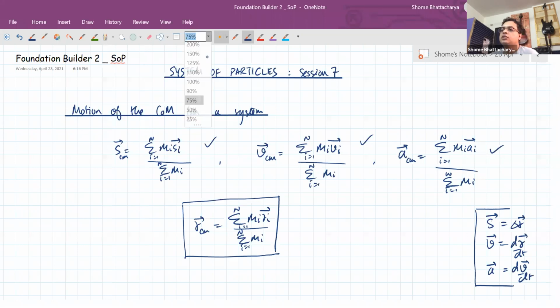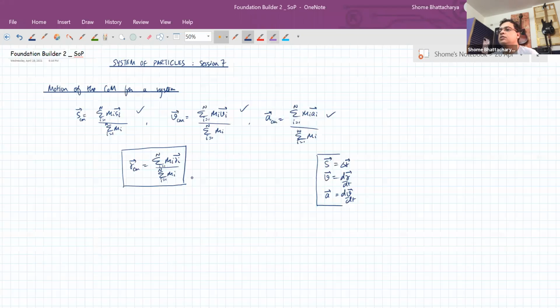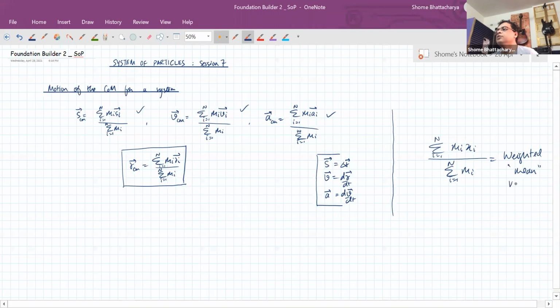Now, just before we go ahead, statistically we give this kind of expression a special name. The summation m into any parameter, let's say x, divided by summation m. In statistics, this calculation is called the weighted mean value of whatever parameter x.